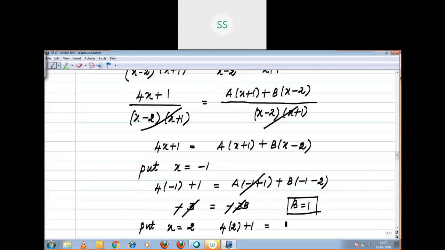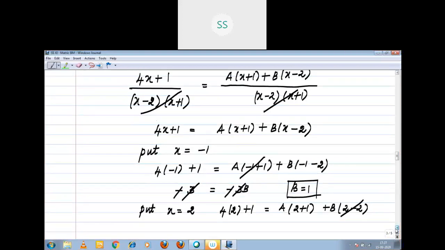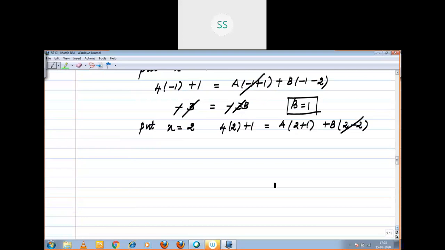4 into 2 plus 1 equals A into (2 + 1) plus B into (2 − 2). B vanishes. Then what is your A? 9 equals 3A. 3 ones are 3, 3 threes are 9. So what is the value of A? A equals 3.